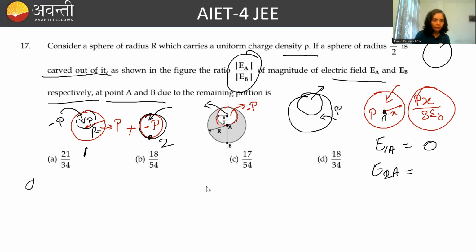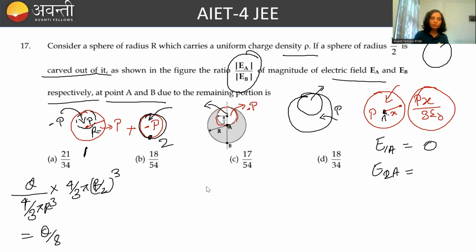It is rho into the volume of this region. Its volume is 4 by 3 pi into (r by 2) cubed. If you solve it, it becomes Q by 8. So this system 2 has charge minus Q by 8, then only it will cancel Q by 8 and become a cavity. Done. So minus Q by 8.